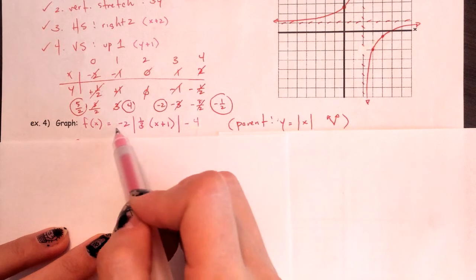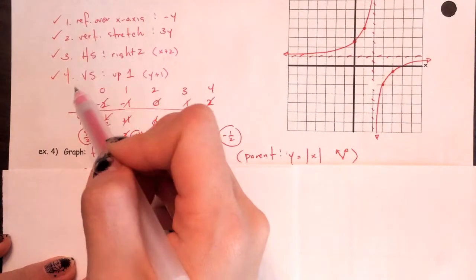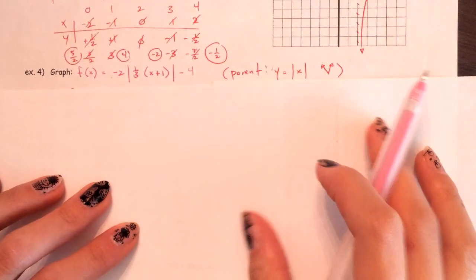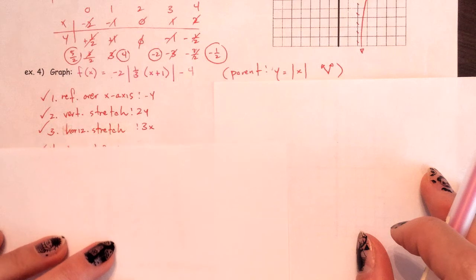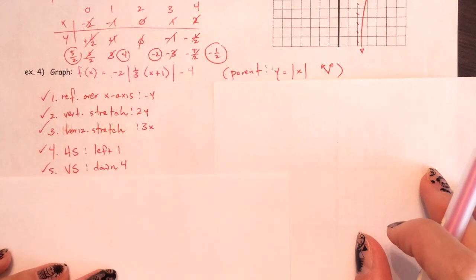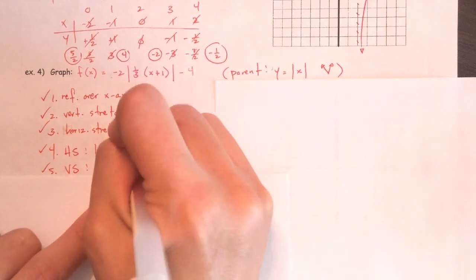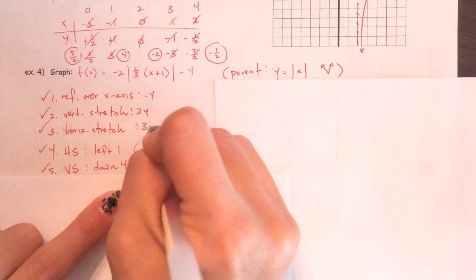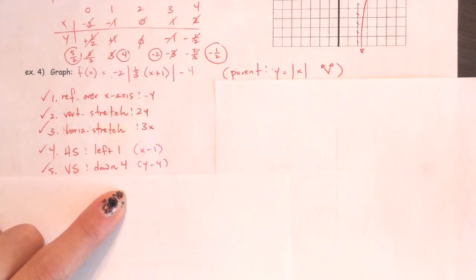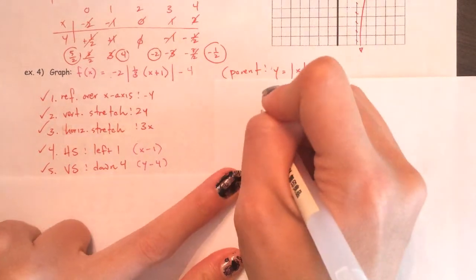So there are 1, 2, 3, 4, 5 things that need to happen. So 1, 2, 3, 4, 5, you list them. Don't just copy me. And then hopefully you listed these 5 things. Okay. So the last 2, again, I'm going to do an x minus 1 and a y minus 4 instead.